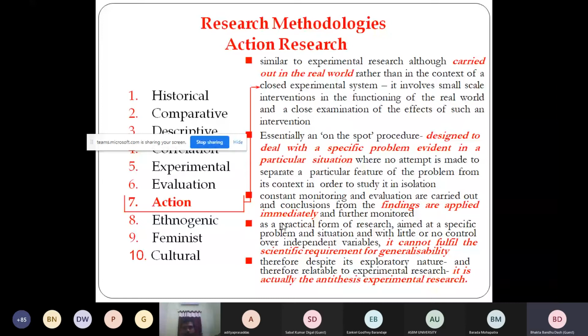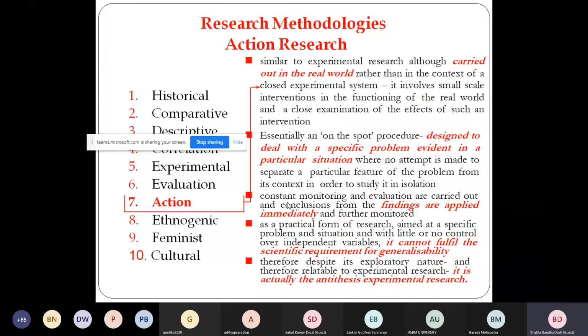So essentially, it is an on-spot procedure designated to deal with a specific problem event in a particular situation, where no attempt is made to separate a particular feature of a problem from its context in order to study it in isolation. It is not isolated. It is on-spot analysis. But it always necessitates constant monitoring and evaluation. Carried out, the conclusions from the findings are applied immediately and further monitored.